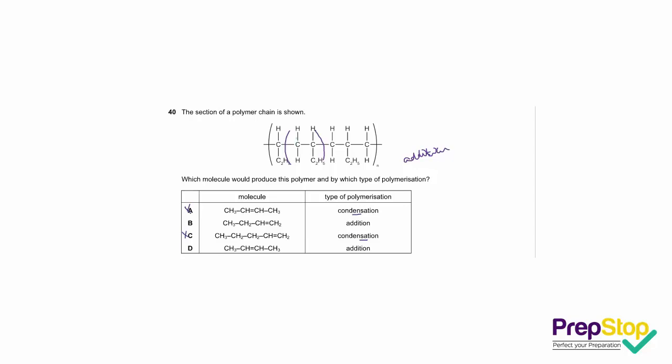Now if we draw the molecular formula of the monomer, we will have the following formula, and we see that this relates to option B because it shows the structure with C2H5CH double carbon bonds and then CH2. Hence the correct answer is option B.